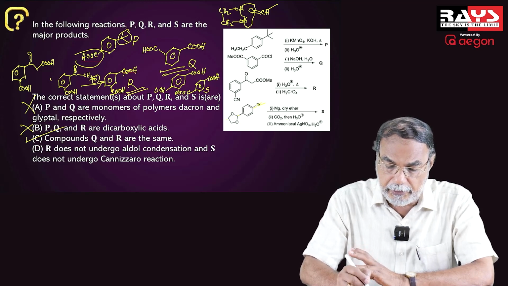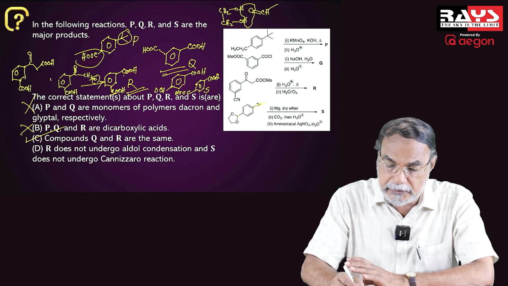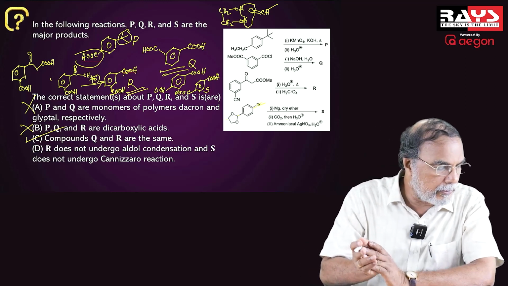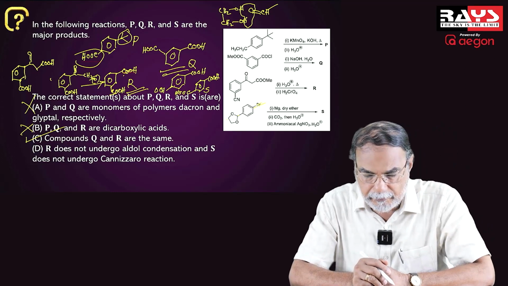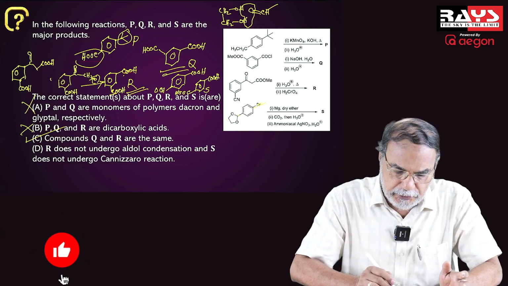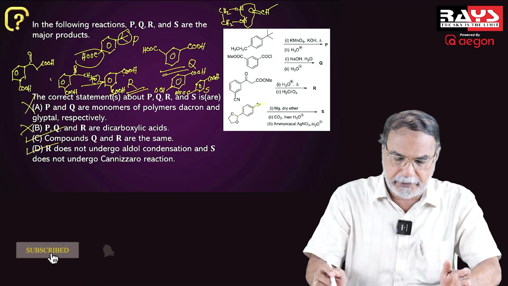Therefore, R will not undergo aldol condensation. And yes, it is a para-dicarboxylic acid of benzene, and yes, it does not undergo Cannizzaro reaction. So R does not undergo aldol condensation, and does not undergo Cannizzaro reaction; these are correct statements. Therefore, D is also a correct statement.